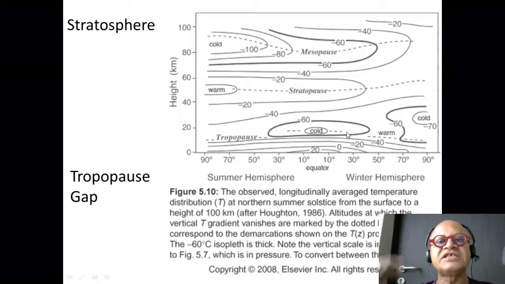Okay, we'll see that in the wind structure a little bit later on, and we will explain its dynamics in the coming chapters. But the only point to make here is that if you are trying to move vertically from the ground into the upper troposphere and into the stratosphere, then you have to get through the tropopause here.